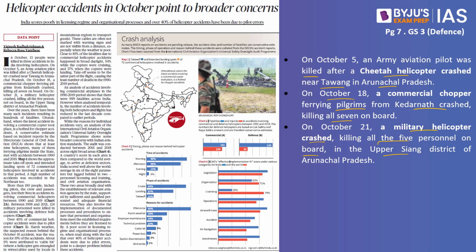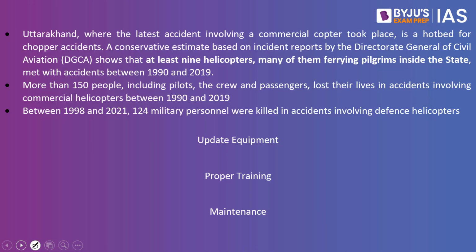There have been some civilian casualties, and more so, it is to do with defense casualties. If we look into the statistics, the article goes on to say Uttarakhand, where the latest accident involving a commercial copter took place, is a hotbed for chopper accidents. A conservative estimate based on incident reports by the Directorate General of Civil Aviation shows at least 9 helicopters, many of them ferrying pilgrims inside the state, met with accidents between 1990 to 2019.